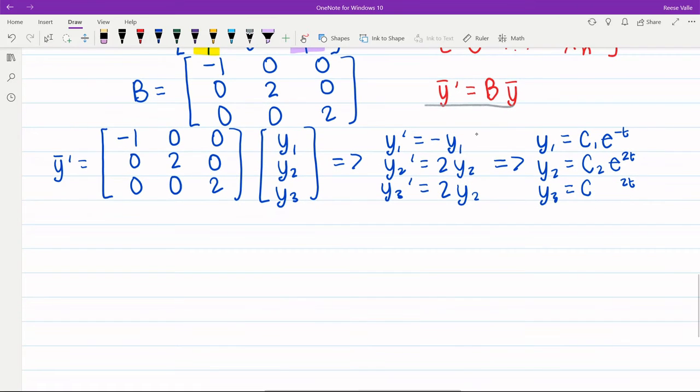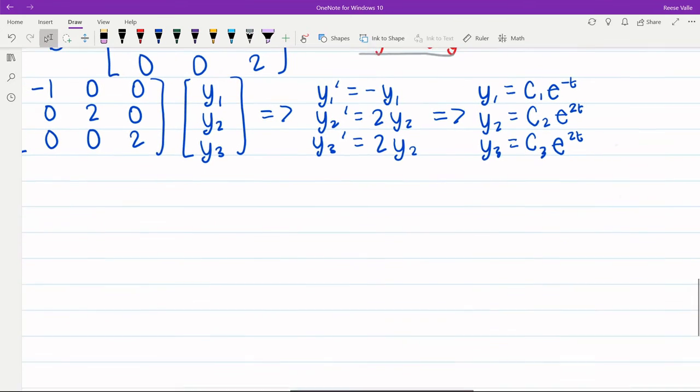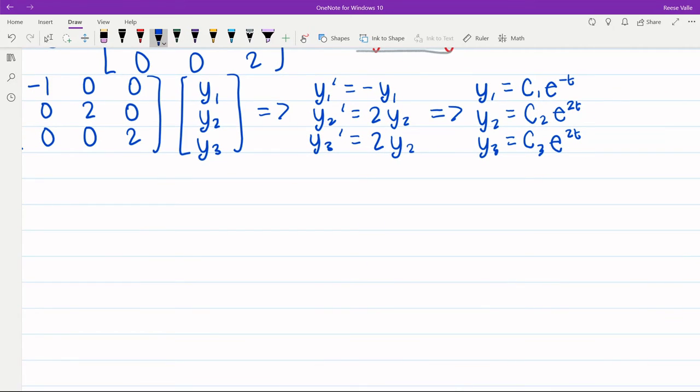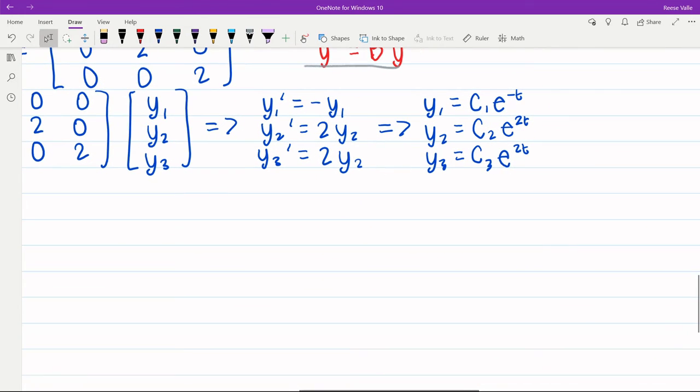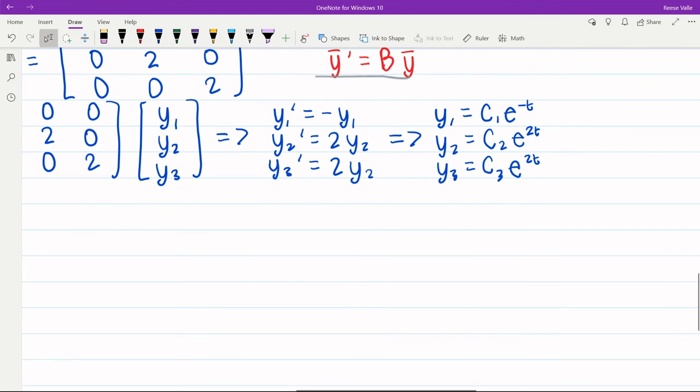Or actually, wait, hold up. It should be c3 e to the 2t. I'm just going to quickly show you how to convert this into this.